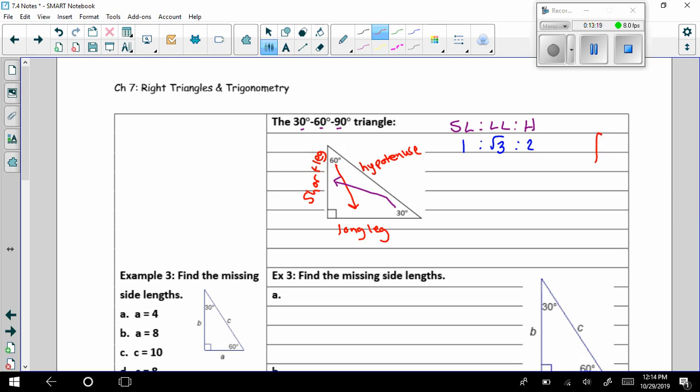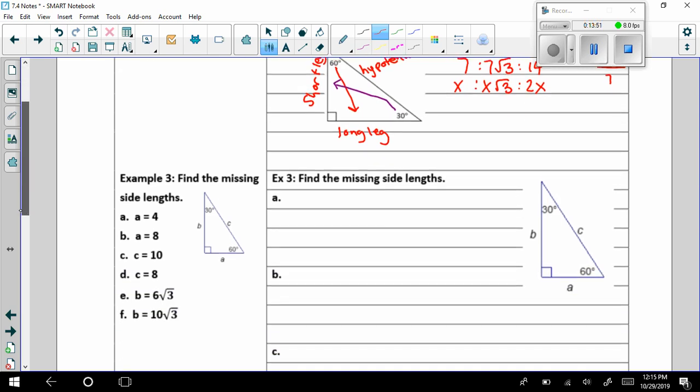Okay, like for example, if your short leg was 7, all right, so this would be 30. If your short leg was 7, you would have the ratio 7 to 7 root 3 to 14. All right, if we call the short leg just x, then we would have x to x times root 3 to 2x. And so those proportions in that ratio is always there, no matter what the triangle is.